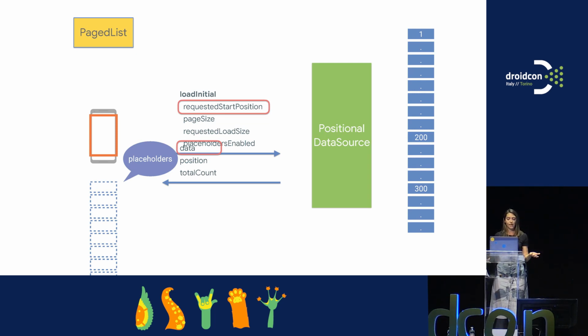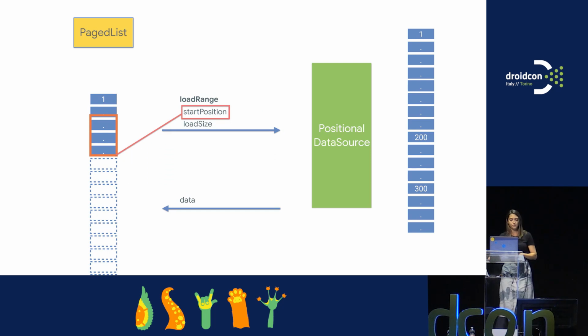We're setting the page size, what is the load size, and whether the placeholders are enabled or not. So let's say that we are enabling the placeholders. The response that we get back is the data, the position, but also the total item count, because we have the placeholders. OK, once the user scrolls, we get to the end of the list that we have displayed.